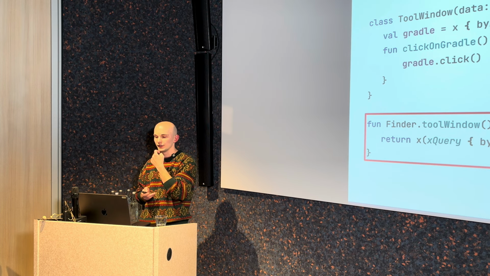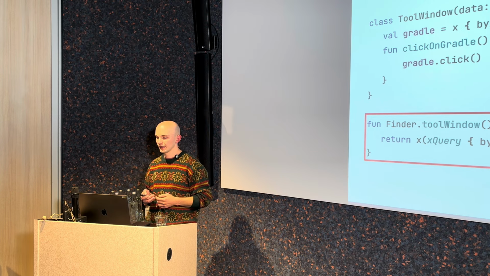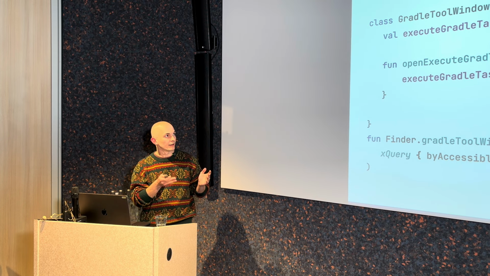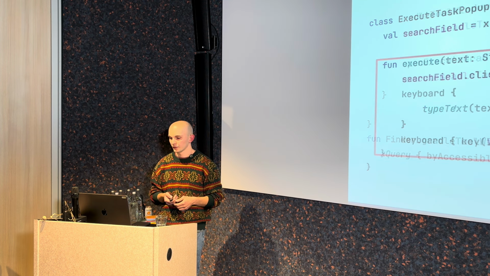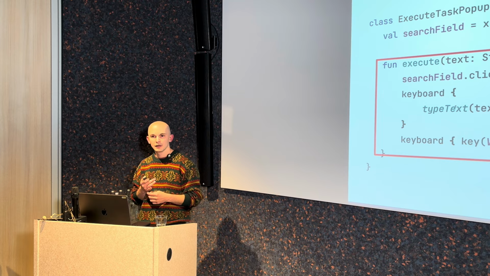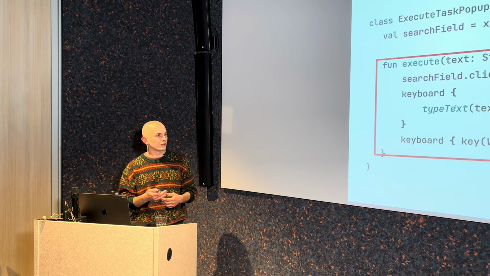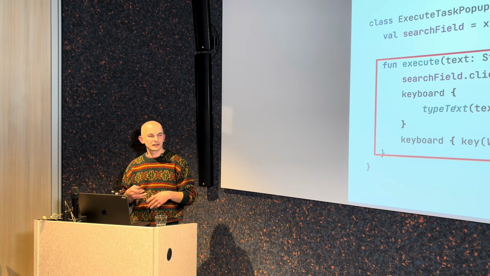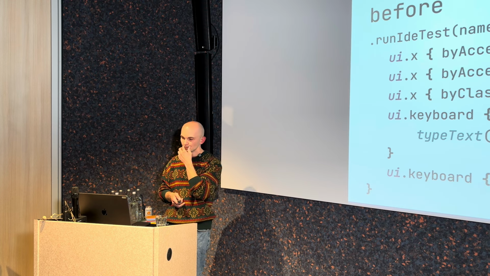I did it for the toolbar that opens the Gradle tool window. I did the same for the Gradle tool window, and also for the execute pop-up, which contains the execute step action, essentially a combination of several UI interactions, like click on this element and type something and so on.